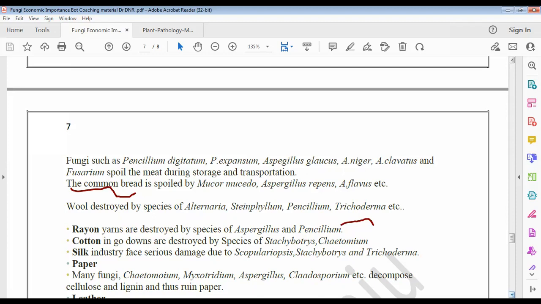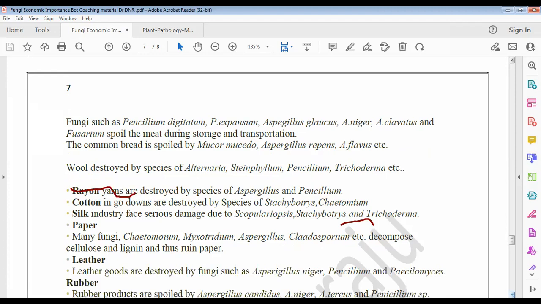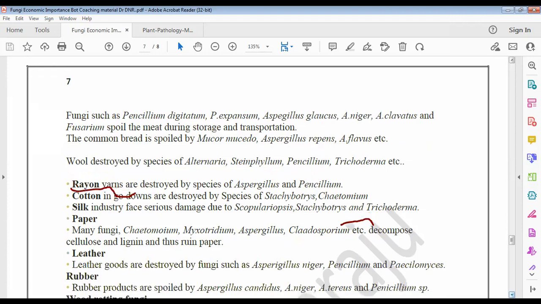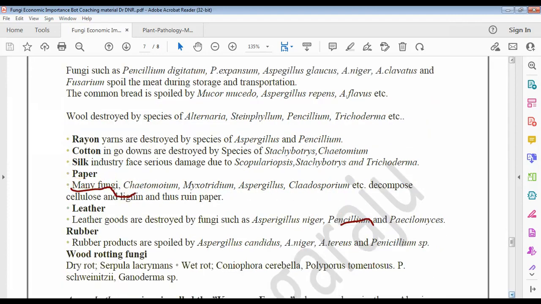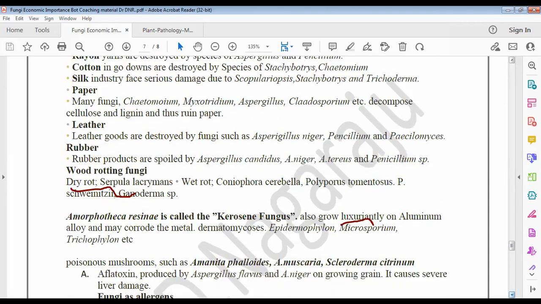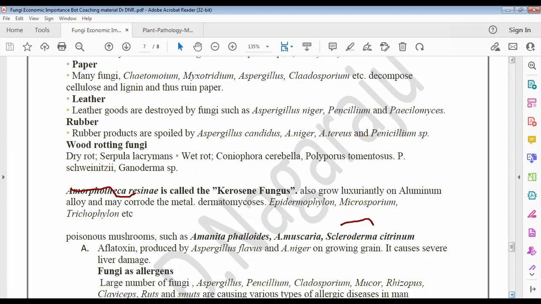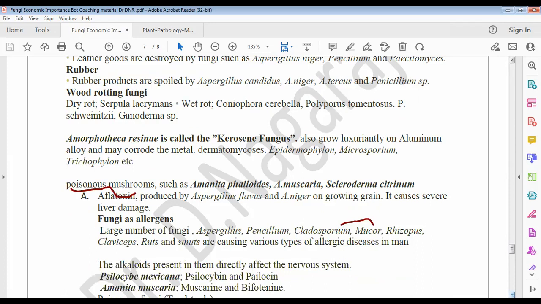Even cotton, rayon, silk and paper get spoiled by fungi. Rubber also gets spoiled and loses its elasticity. There are many wood-rotting fungi too, polypore fungi.